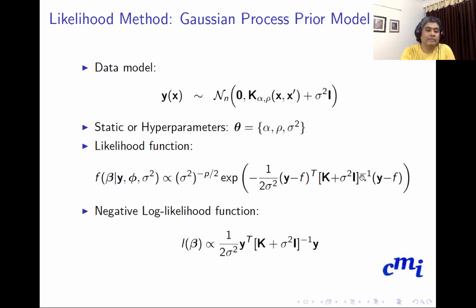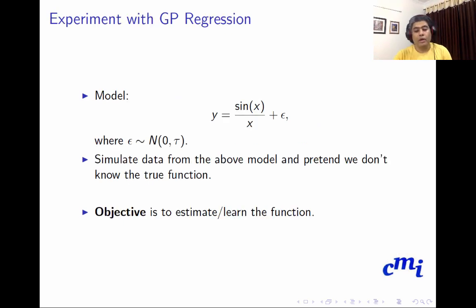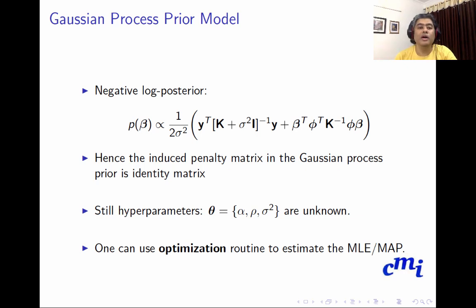If you look carefully, this is just the likelihood function of the multivariate Gaussian distribution. You write down the negative log likelihood function in that way, and similarly you write down the negative log posterior distribution, and you pass it through an optimization routine and estimate the maximum likelihood estimate or maximum a posteriori estimate, the MAP estimate. So that's how we fit the model, or we try to fit the f.